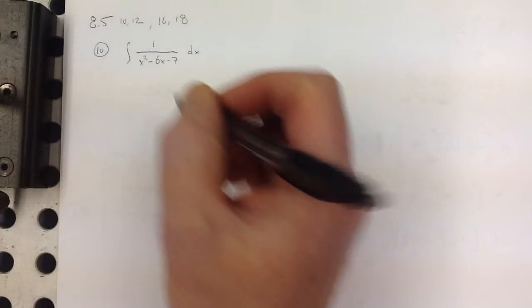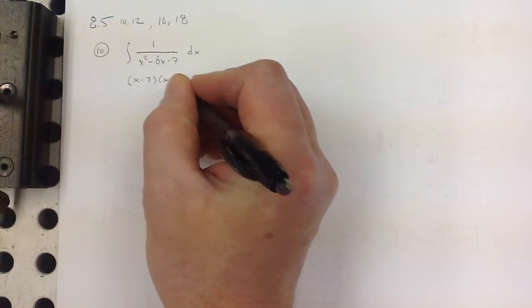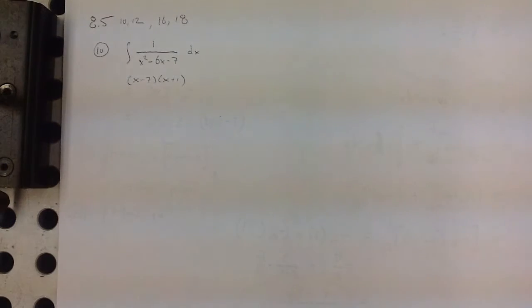All right, so first thing, you need to know how to factor. So x minus 7 and x plus 1. If you feel like you want to have some extra practice factoring, I can hook you up there.